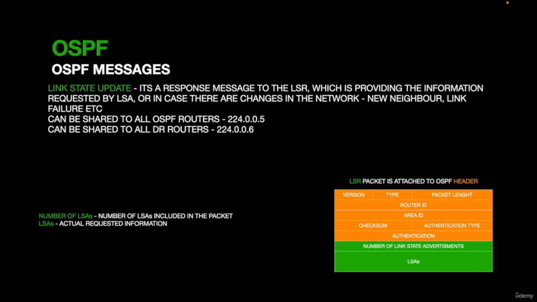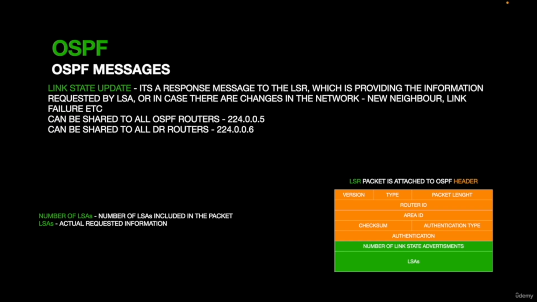As a response to the link state request message, we have the link state update, and this is providing the information requested by the LSR. It will also be generated in case there are changes in the network, like a new neighbor, link failure, a router that is down, and so on. Any change in the OSPF topology will trigger these messages.